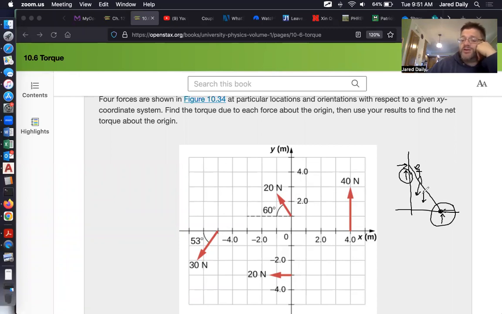Or I could do it here or here to eliminate those two forces, but you definitely wouldn't want to do it here because that would eliminate this force from the torque calculation. You don't want to remove that because that's something you want to know. So you keep it there. That's a preview of how you might use this. We'll see more why that's the case as we move on.